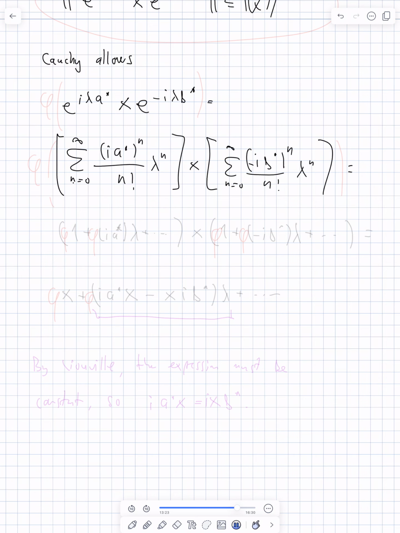And actually, it turns out that I only need to look at very few of the terms. So I will just take the first two terms. I have here i a star times lambda, and then something, doesn't matter. Then I have an x, and then I have 1 plus minus i b star lambda plus blah. And let's just collect the terms.